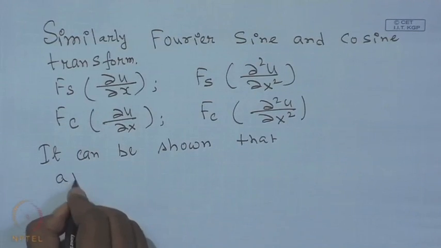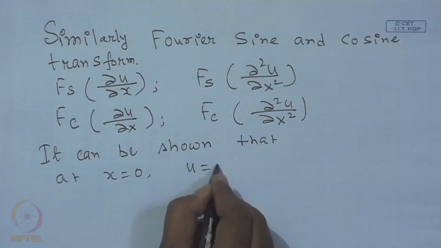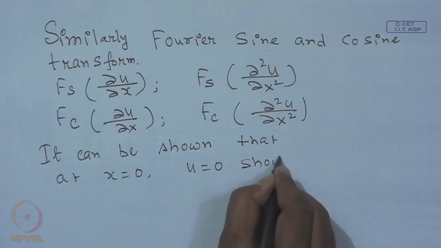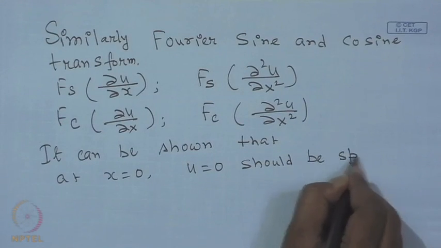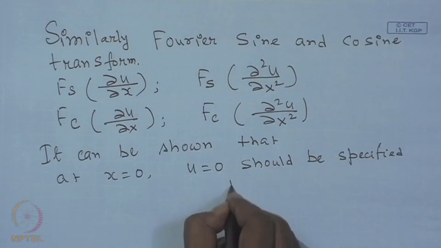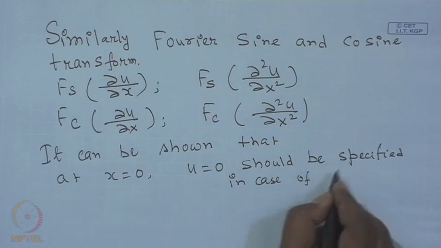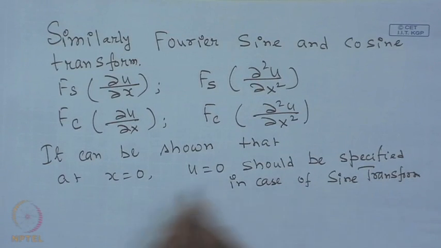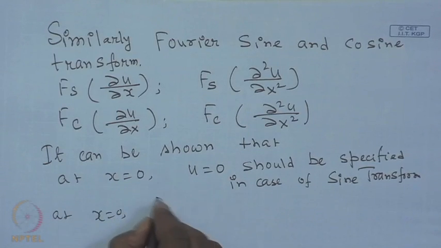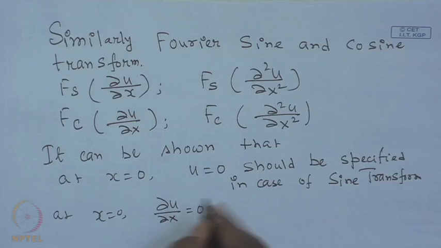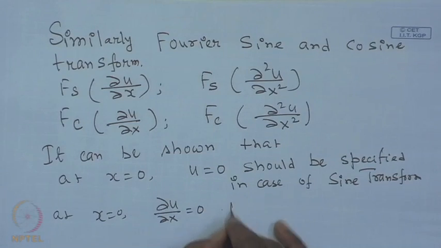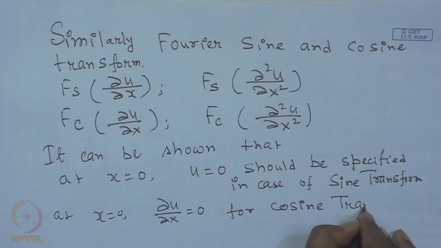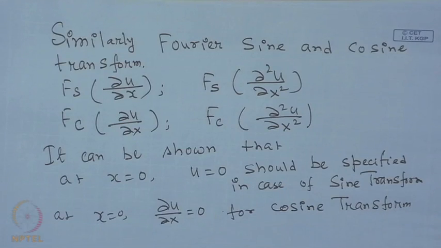That at x is equal to 0, u must be equal to 0 in order to have a bounded solution, should be specified in case of the sine transform, and at x is equal to 0, del u del x must be equal to 0 for the cosine transform.